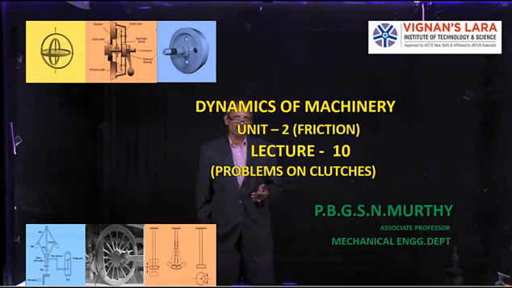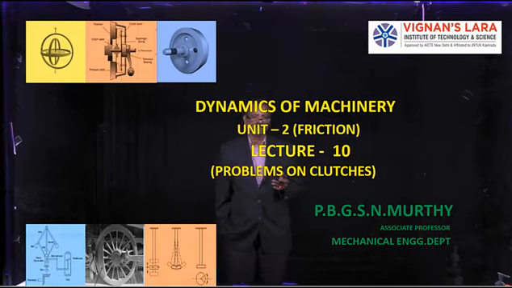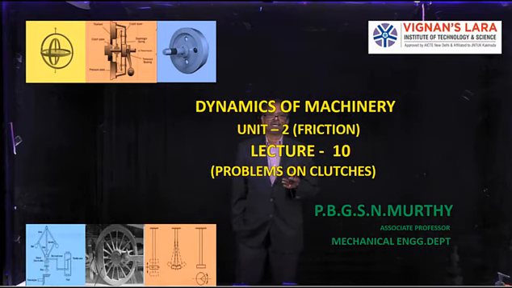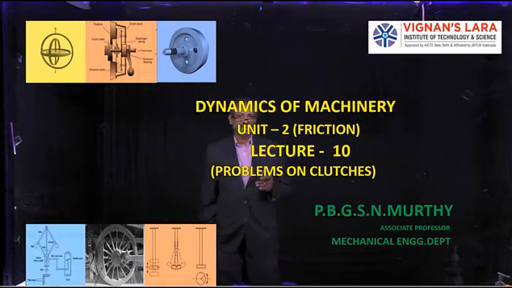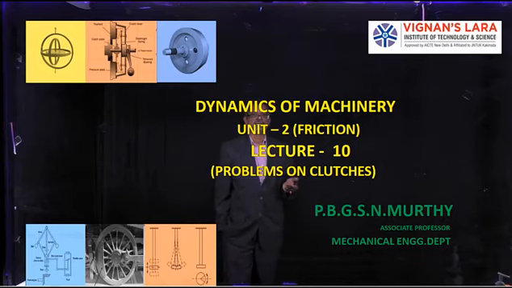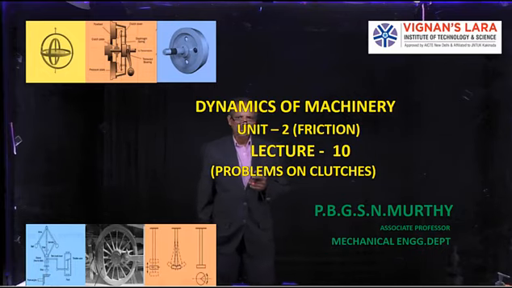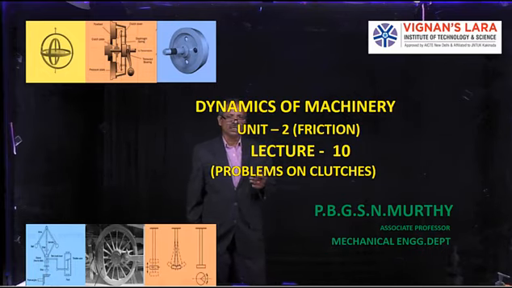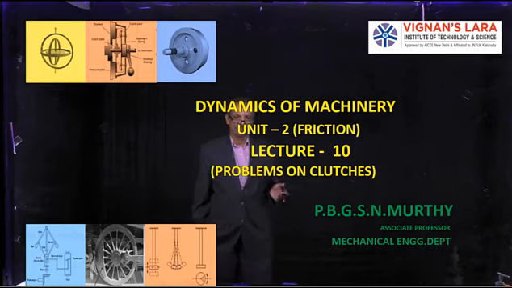Uniform wear theory gives the power transmitted as less than actual. If you assume the power transmitted is less and really it is more, then it is better. That is why, as far as clutches are concerned, we apply uniform wear theory.